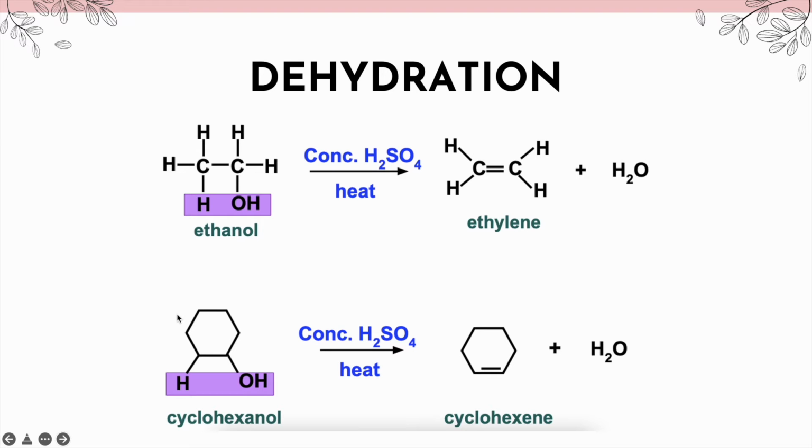Same goes for cyclohexanol. Remove one hydrogen from one carbon, remove one OH from another carbon. In the presence of catalyst concentrated H2SO4, condition heat, cyclohexene will be produced, an alkene, and the side product is water.